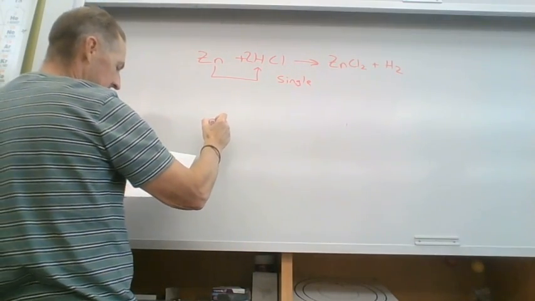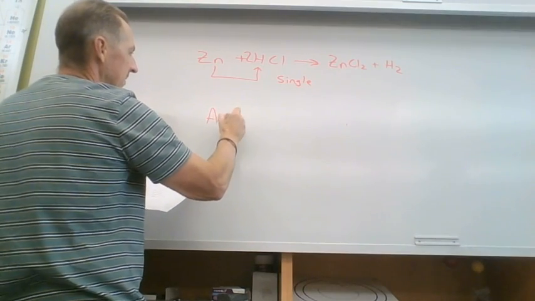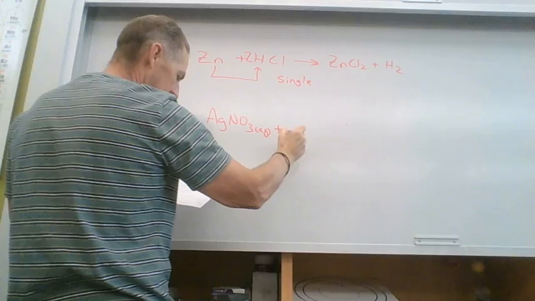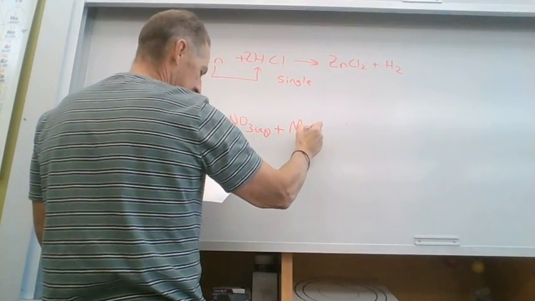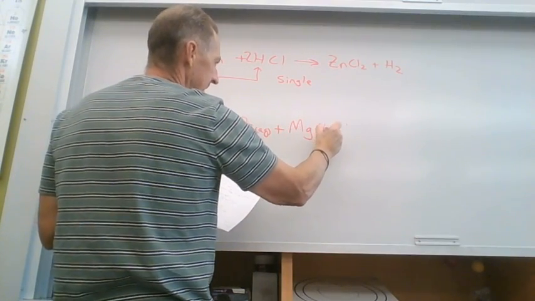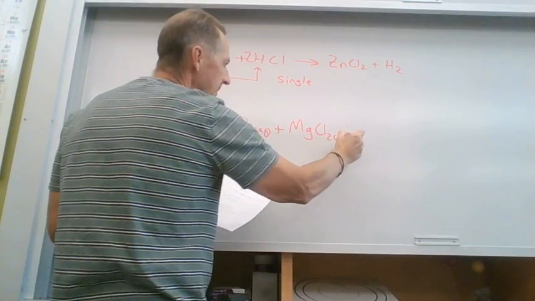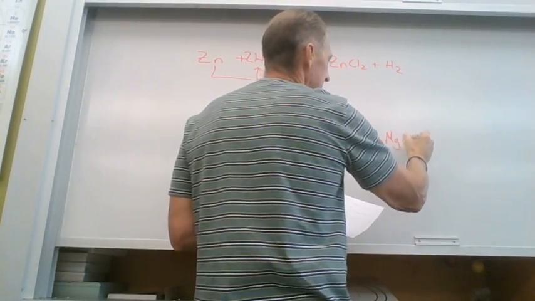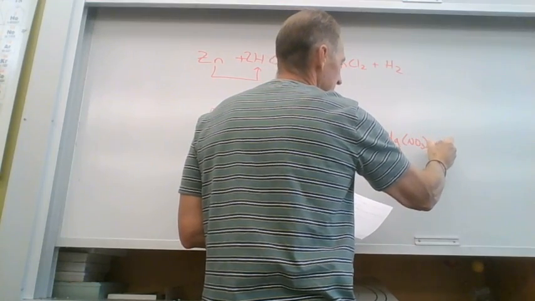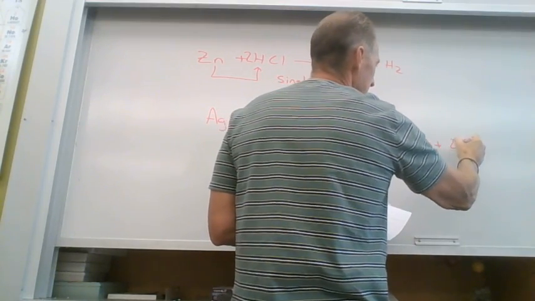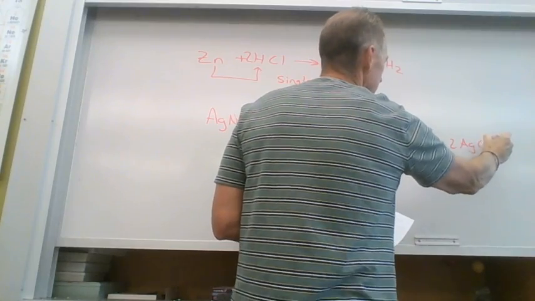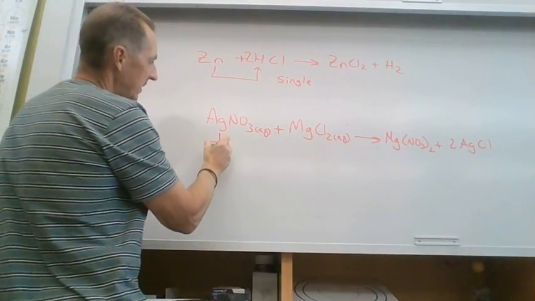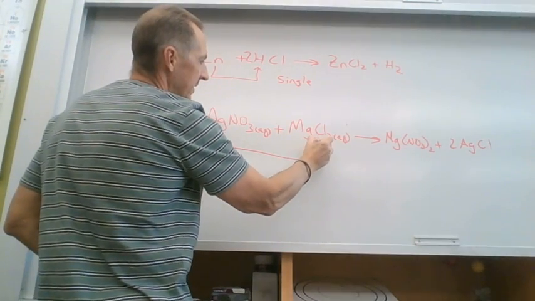If we had silver nitrate and added it to magnesium chloride, and it produced magnesium nitrate plus silver chloride, then we'd have a double displacement where this silver cation is now with this anion, right?